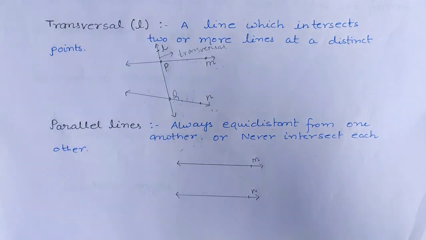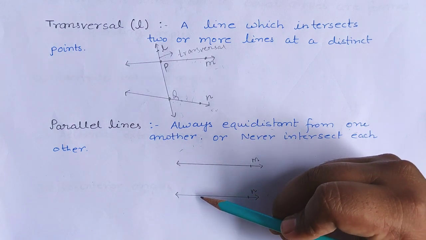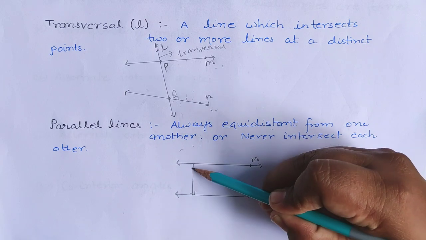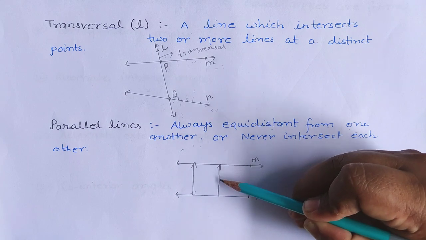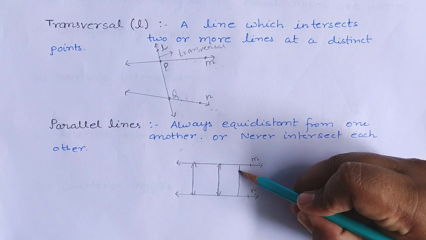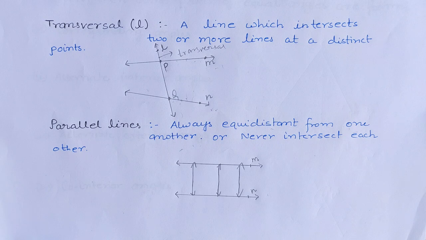Suppose M and N, two lines, are equidistant to each other, meaning the distance between these two lines is the same everywhere. So we can say that these two lines M and N are parallel to each other.